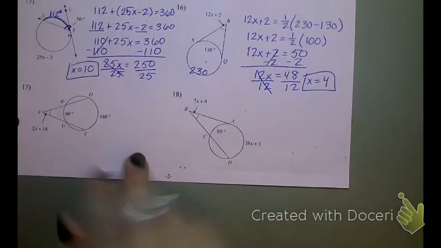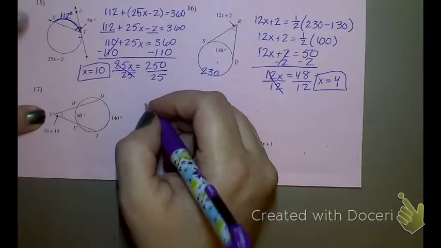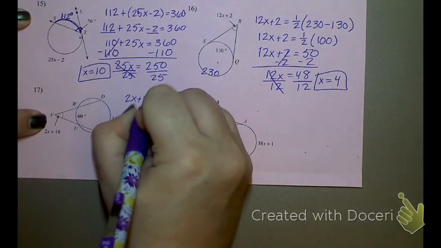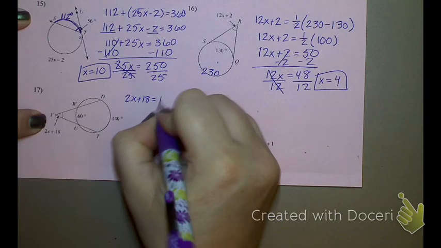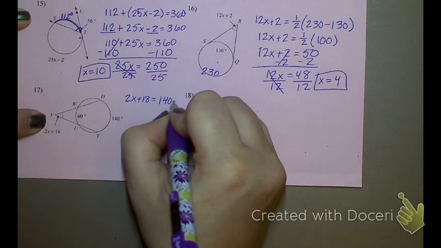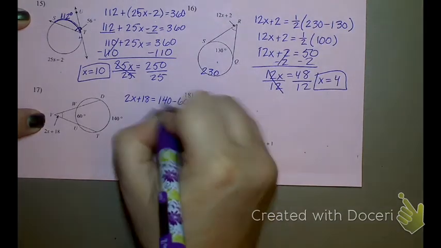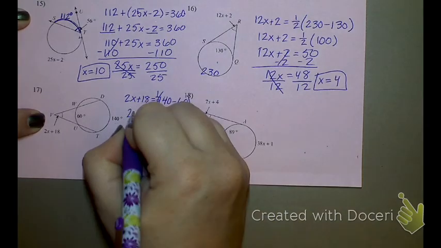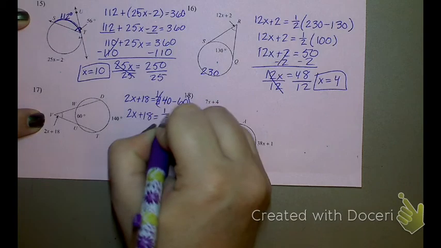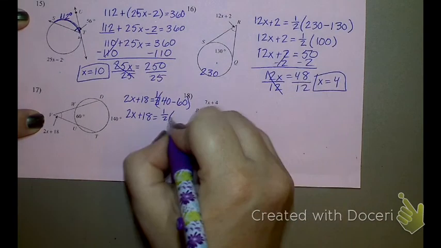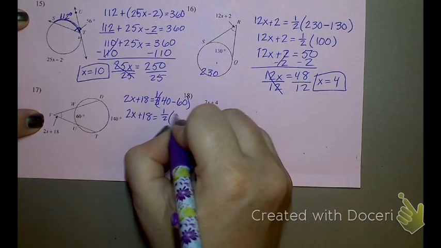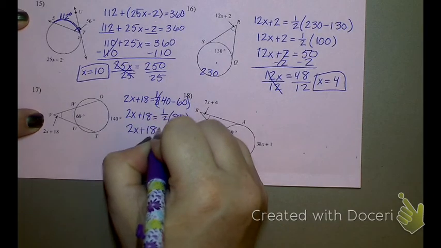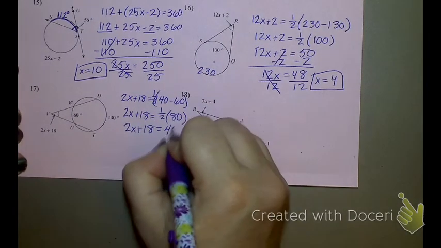All right. Number 17. The angle, 2x plus 18, is equal to the big arc minus the small arc, and I forgot the 1/2 in the front, so I got to put that there. So 2x plus 18 is equal to 1/2 of, what's 140 minus 60? 80. 2x plus 18 equals, half of 80 is 40.